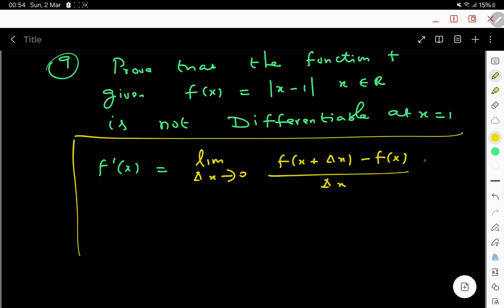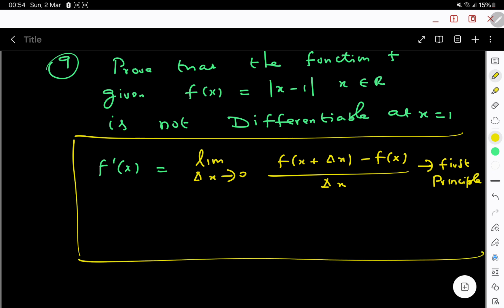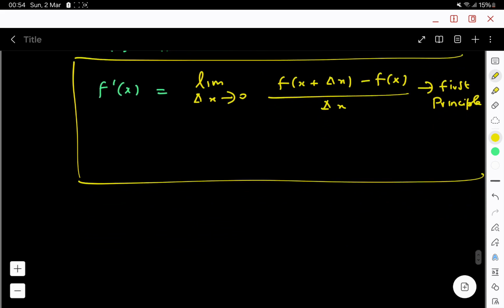Okay, this formula is called first principle. In this formula, to prove the function is differentiable, we find the left hand derivative and right hand derivative. What is the left hand derivative? For example, I am taking x is equal to a here. This point is x is equal to a.